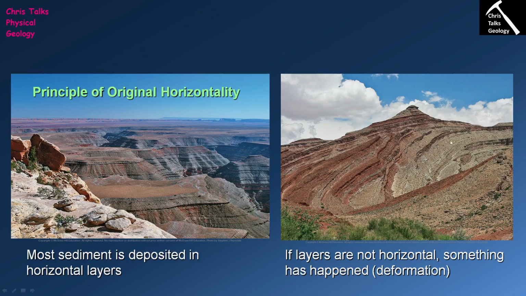So we know that any deformation that occurs to this sequence of rocks here must have occurred after the rock formed. So you can see straight away we have managed to relatively date deformation when compared to our sequence of rocks here. So we can see in this sequence we have several different layers of rocks, all showing different colours.